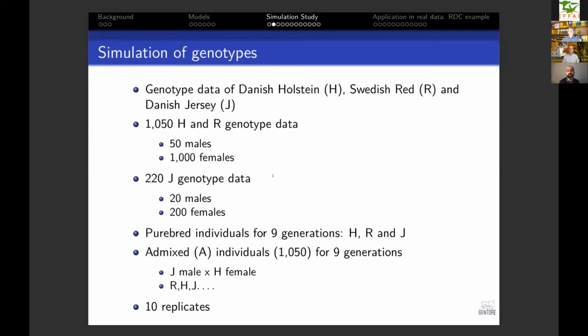For the admixed individuals, we started simulations by mating Jersey males and Holstein females, and then we continued with Red, Holstein, and Jersey in turn until we reached 9 generations. Each time for the admixed individuals, we used purebred sires and crossbred dams from the admixed individuals of the previous generation. Starting from the same set of real data, we simulated 10 different data sets, so we had 10 replicates.